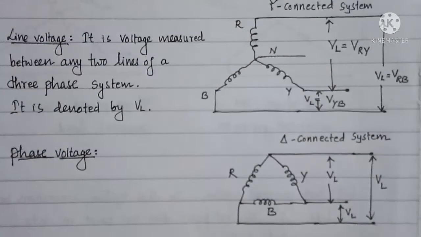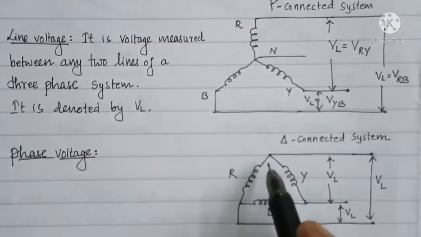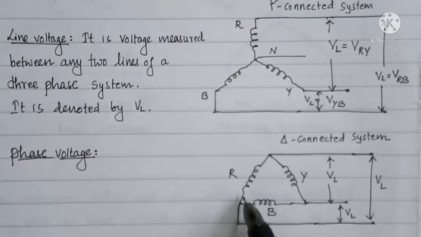And in delta connected system also, phase voltage is measured in the same way. That is, for a generator, the voltage measured across any phase winding is called phase voltage.